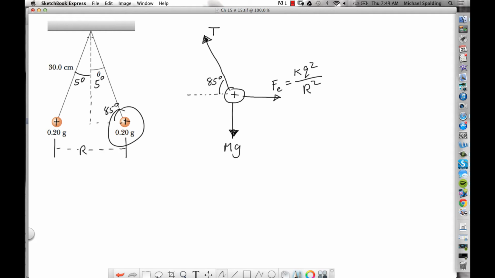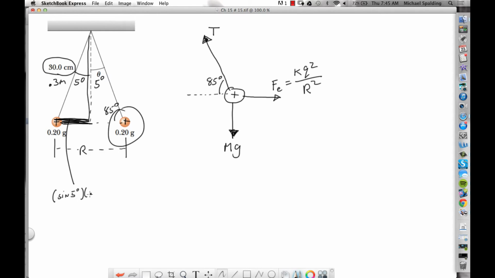Well, we got to do some trig. So here's a triangle. Can we solve for this distance right here? Yes. What's that distance going to be? Sine of 5 times 30 centimeters. But what do we want to do to the 30 centimeters? Centimeters needs to go to meters, 0.3 meters.